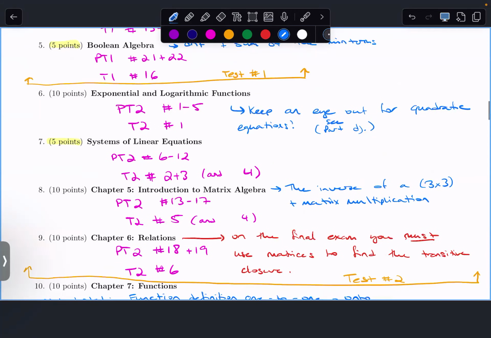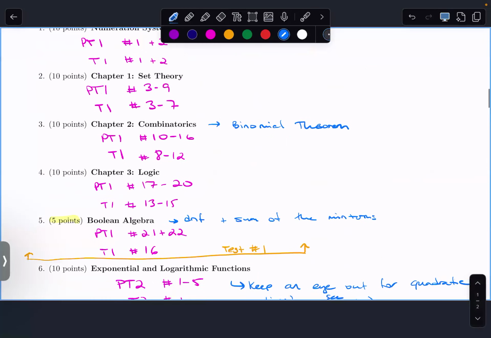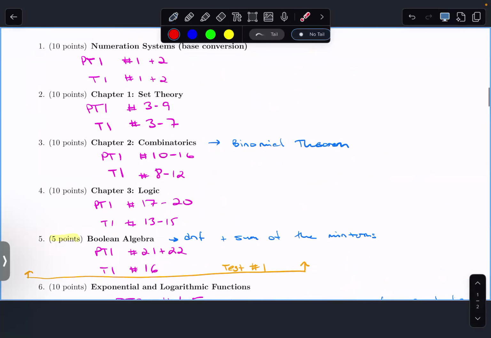Especially I did a great job for test 1, giving you lots of different practice problems and then only testing a few of them, right? Might be worthwhile revisiting those practice problems, because maybe I'll grab from some of those other versions, other types of questions, right? They're still fair game. I just didn't use them for test 1, but I might use them for the final exam.